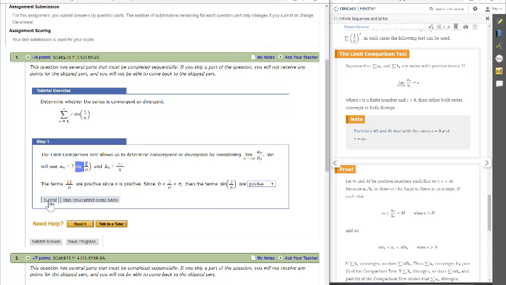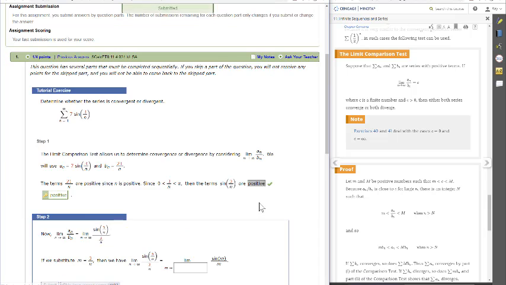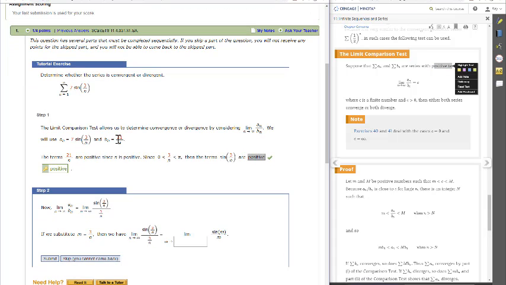So they're all positive terms, and that satisfies our criteria for the limit comparison test. Keep in mind that the series 21 over n is like a harmonic series. It's 1 over n, or you can think about it as a p series. And it's important for us to remember that it diverges.